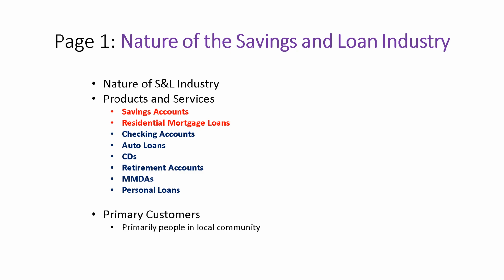So as far as services are concerned, it might be hard to distinguish a modern savings and loan or savings bank from a regular commercial bank. The primary customers for S&Ls are the people in the local community.